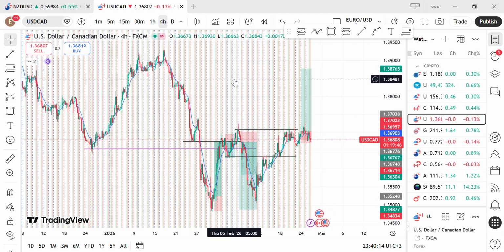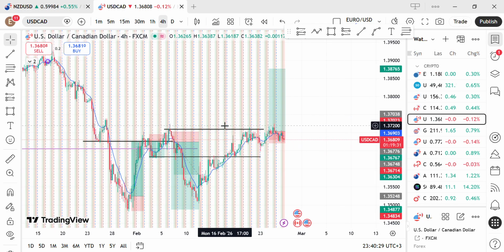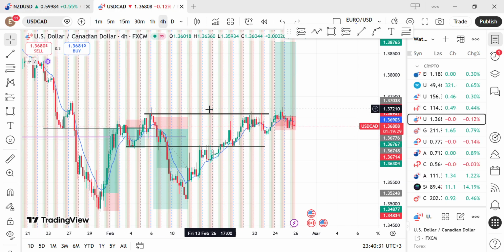Why did I fail this one? Number one, there is no indication here. I failed this because there is no indication here. Let me move in. Indication is marked from a high. In an uptrend, it's marked from a high. So I marked this from a low, not a high.